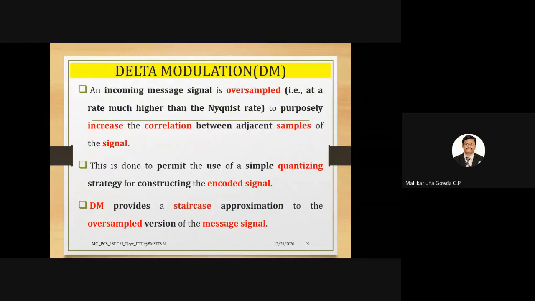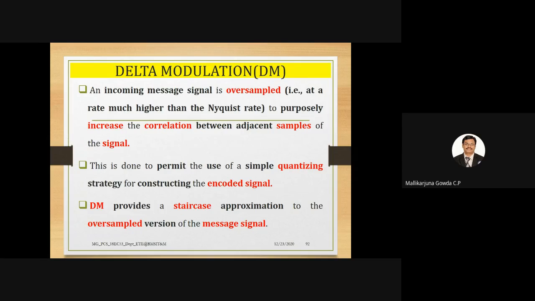To overcome that problem, we go for another analog to digital converter known as delta modulation. In delta modulation, the incoming message signal will be oversampled. We all know what oversampling is: the signal is sampled at a much higher rate than the Nyquist rate, right?